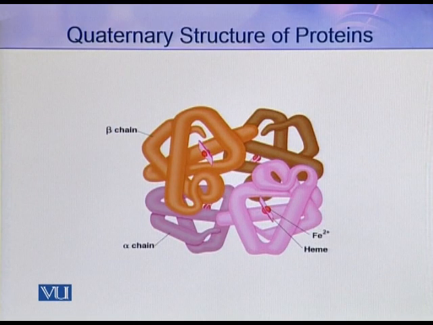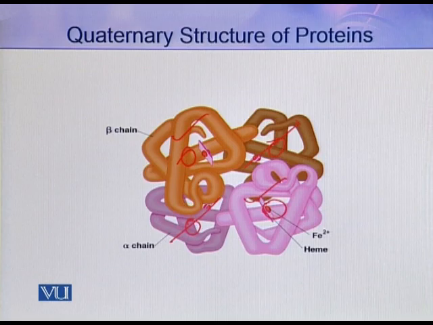As you can see in this diagram of the hemoglobin molecule, which is a protein, it contains 4 subunits: 1, 2, 3, 4. But look at this, the 2 subunits, this and this, are identical, and the other 2 subunits, this one and this one, are identical.